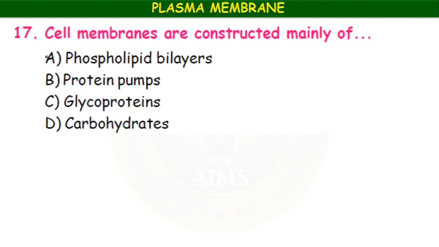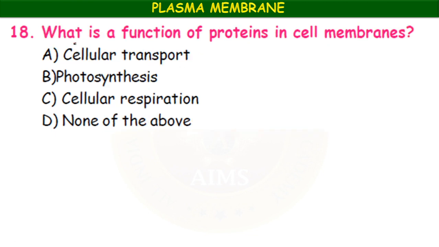The cell membranes are constructed mainly of phospholipid bilayers, protein pumps, glycoproteins, carbohydrates. It is the phospholipid bilayer. What is the function of proteins in a cell membrane? Cellular transport, photosynthesis, cellular respiration, none of these. So it is cellular transport.